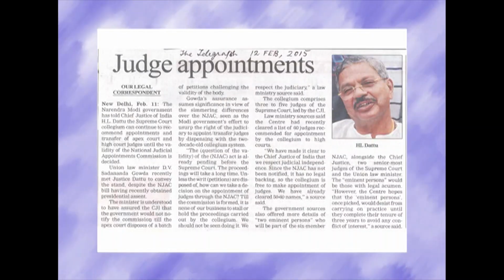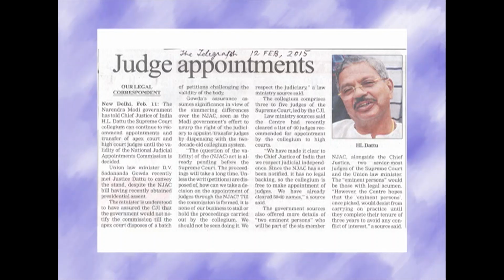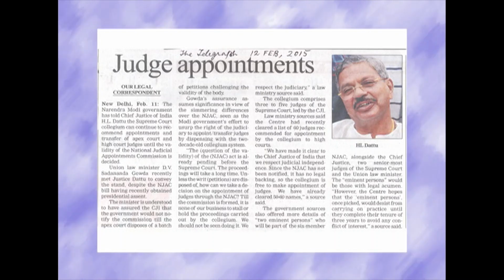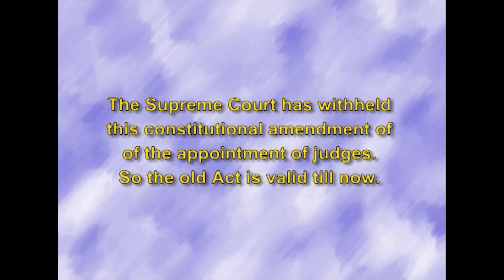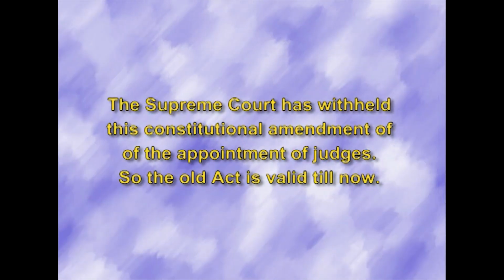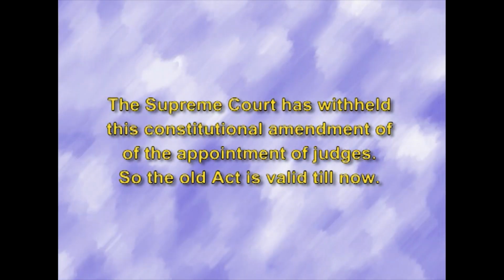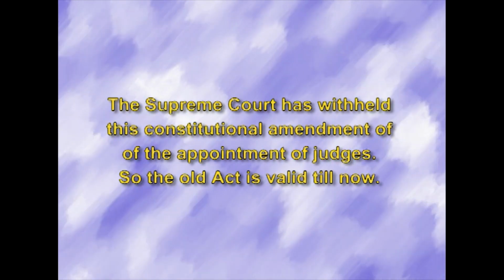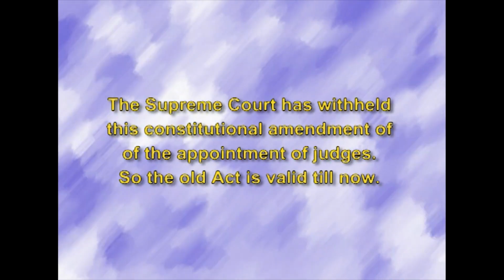Unless and until the matter is disposed of, settled, the central government has decided not to form this committee as yet. So, the existing collegium system, the existing system of appointing the judges by a collegium of 5 Supreme Court judges still continues.